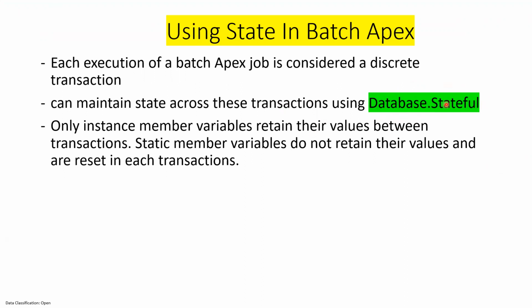We have two types of class members: instance members and static members. Database.Stateful helps maintain state using instance members only. Only instance member variables retain their values between the transactions, between the first job, second job, third job. Static member variables are reset in each transaction.